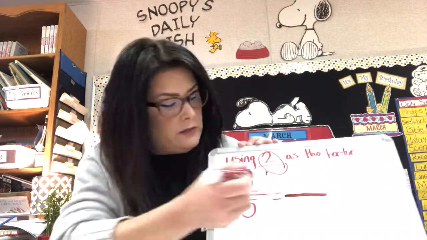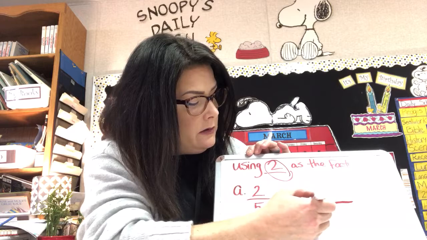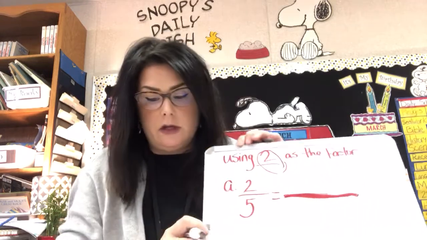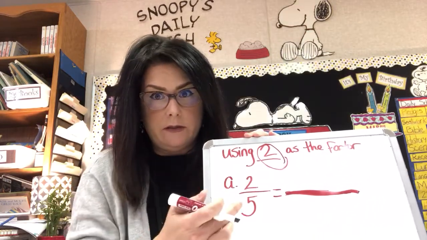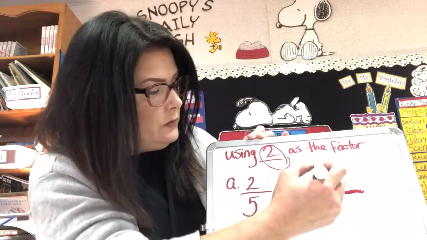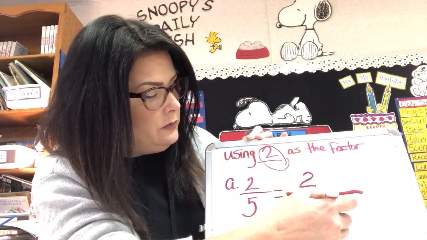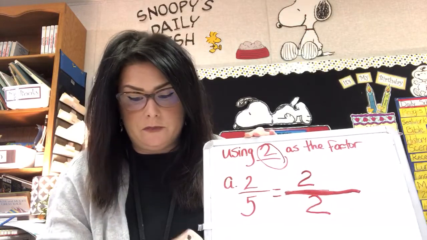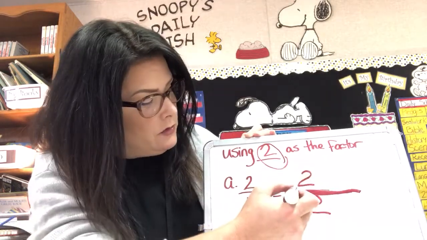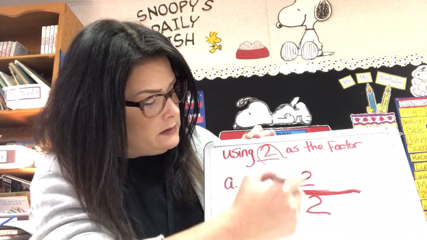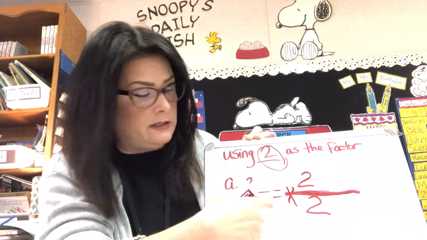So what it's wanting on this line right here, in order to make this equivalent, you're going to multiply this fraction by 2. So you're actually going to take 2 over 2, just like that, okay? And you're going to multiply it. Just consider your equal sign a multiplication sign if you want to.